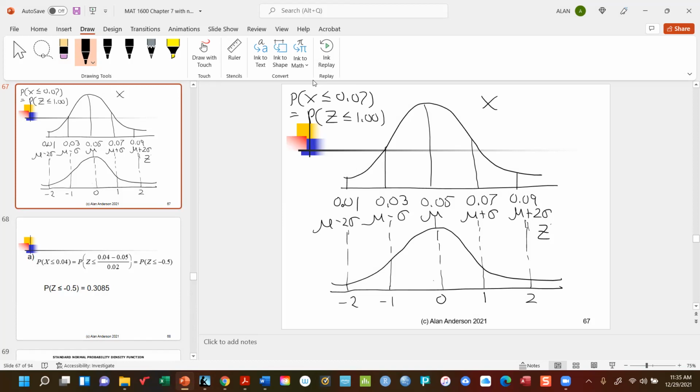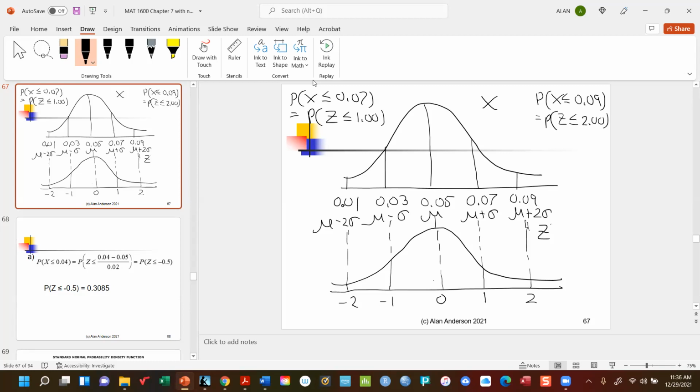Because they both represent being 1 standard deviation above the mean. And you could say the same thing about 0.09. The probability that X is less than or equal to 0.09 is the same thing as the probability that Z is less than or equal to 2. And so all of the values above correspond to the ones below.